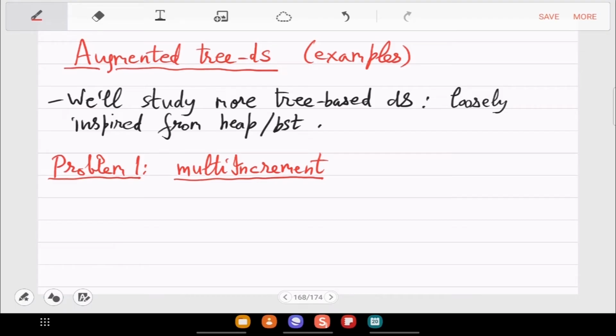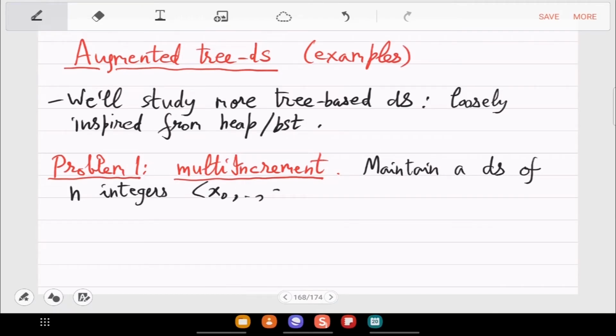What is given, what you have to do here is you are given a list of integers, say an array. You want to maintain a data structure of n integers. So x0, so just think of this as a list.